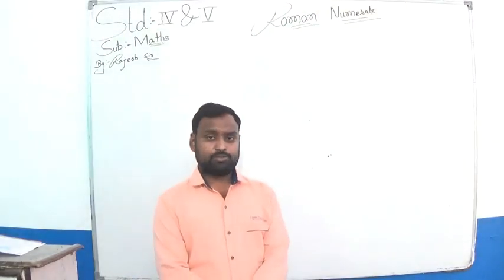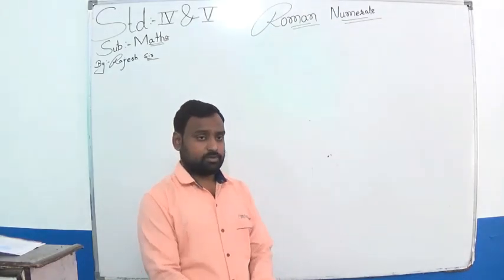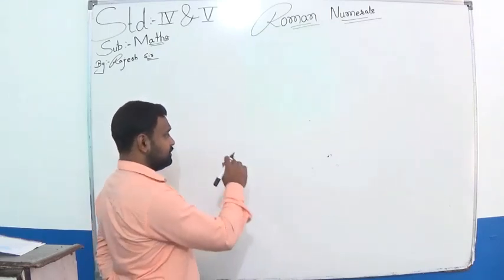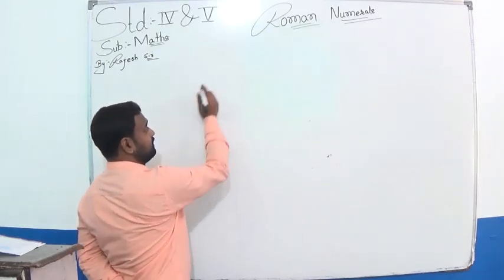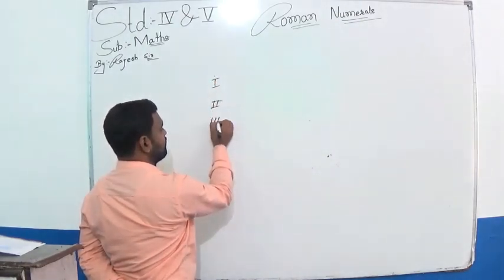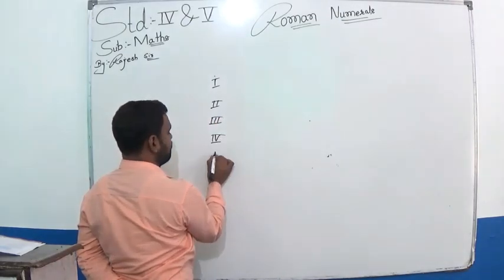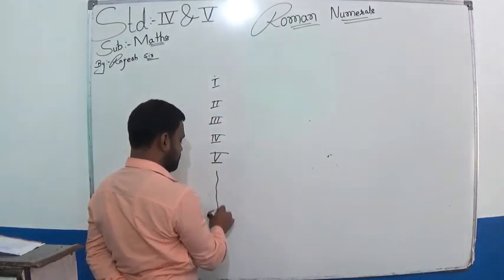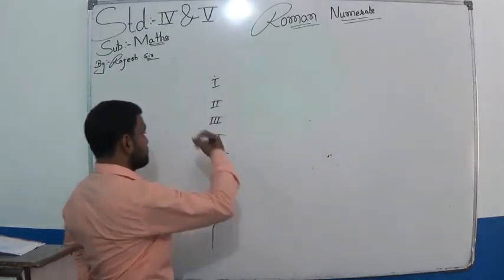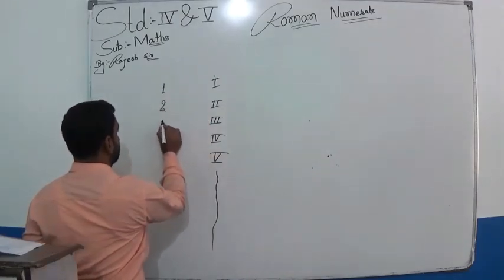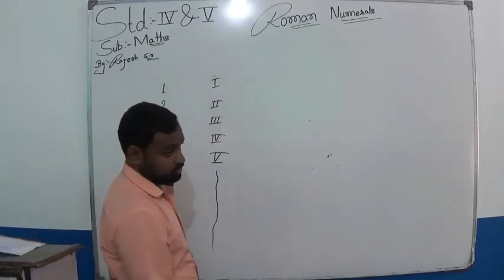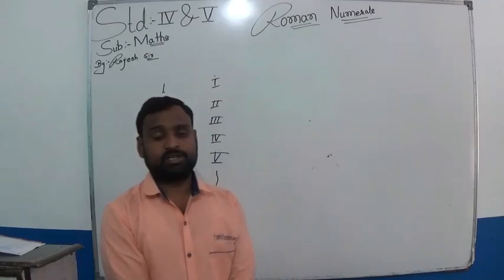So as you know, it is not a new term, as you also use these numerals in your homework copy anywhere for listing 1, 2, 3, 4, 5. In our mathematics we use 1, 2, 3, 4, 5, 6 and so on. Both are ways to represent numbers.